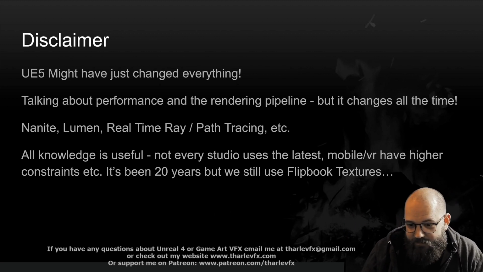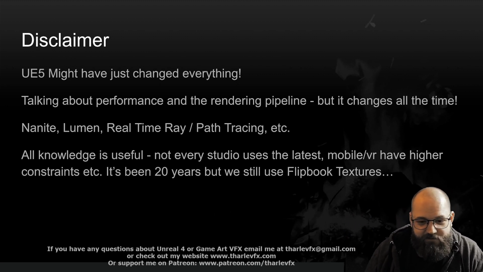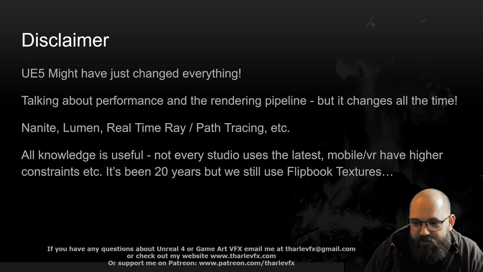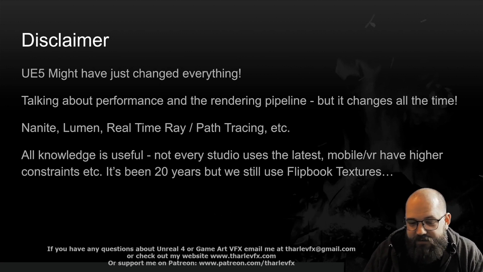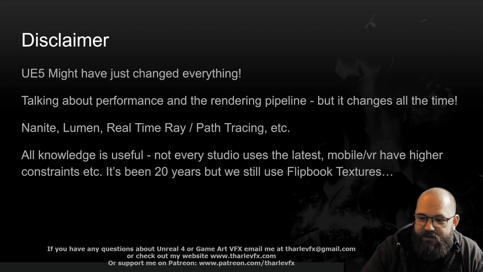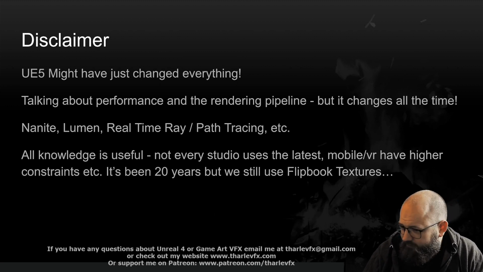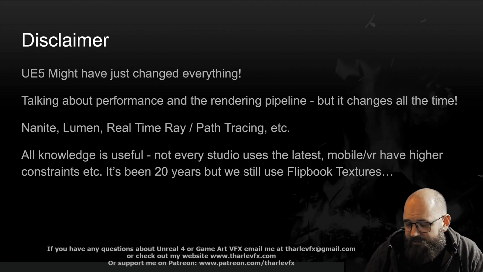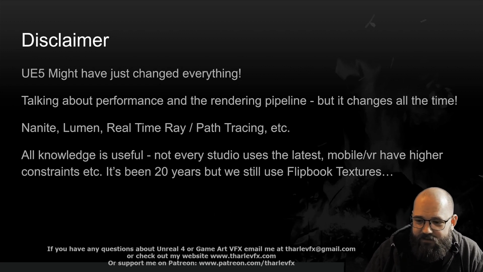Yes, Unreal 5 has just come out, it's amazing, but not everyone's going to be using it straight away. Lots of in-house studios are going to have not as well developed tech, and also different hardware and different sorts of constraints exist in different projects. So I mentioned here mobile and VR. We're probably not going to be using Nanite and Lumen in VR anytime soon. We just don't have the hardware, the frame rates are too important.